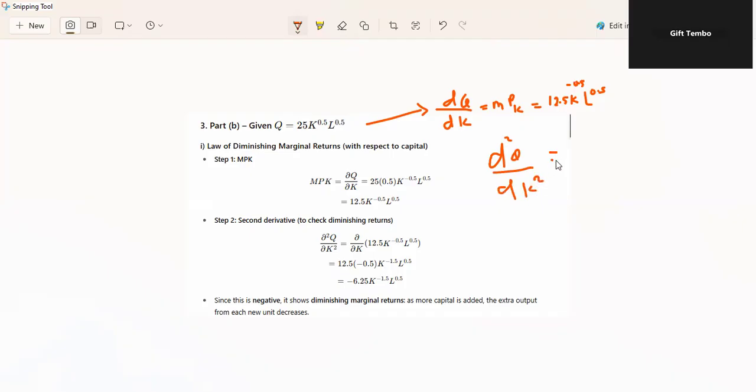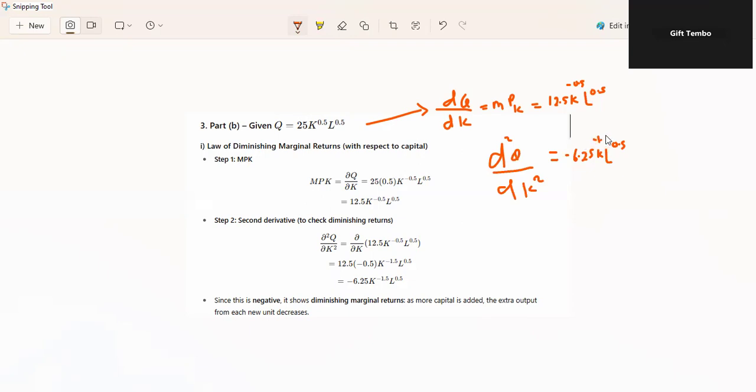Our dummy is the L again, L^0.5. So we differentiate 0.5 times 12.5, we get negative 6.25. Then for the K, we subtract 1, so minus 0.5 minus 1 is negative 1.5.